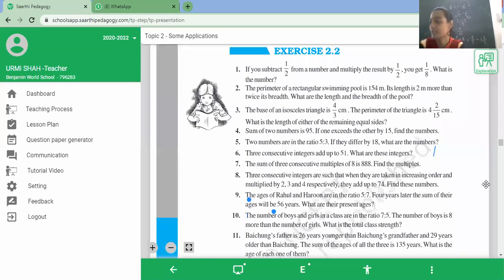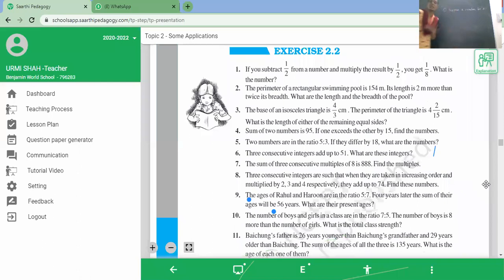Now exercise 2.2. First question, try to understand. I will make the linear equation. If you subtract 1/2 from a number, we first write: suppose the number is x.